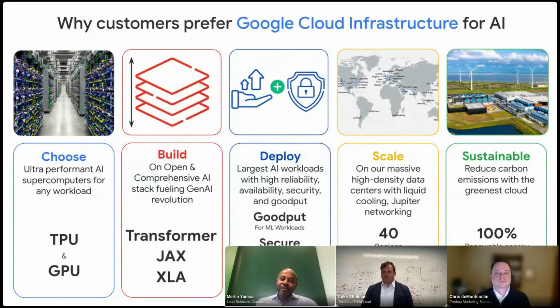On this slide, the key message that I want to highlight is mostly that we have one of the best in-class infrastructure globally, leveraging TPU or GPU in terms of compute power workloads, an open and comprehensive AI stack like Transformer, JAX, XLA, you name it.